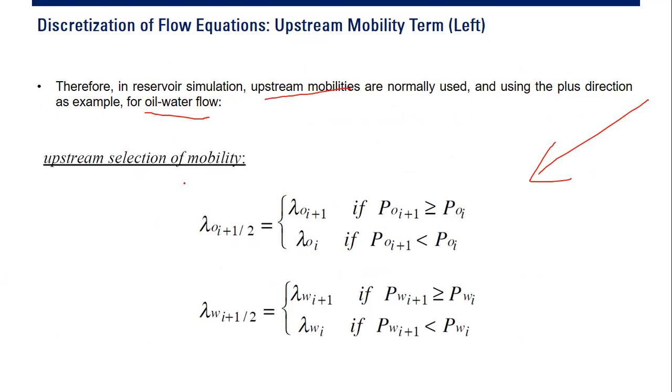The upstream selection of the mobility of oil at grid block I plus half can be explained like this: it will be the mobility of oil at I+1 if the pressure of oil at I+1 is equal to or greater than the pressure of oil at I.